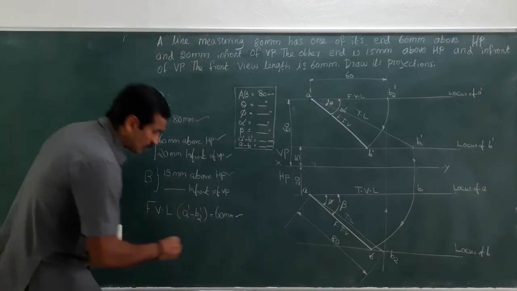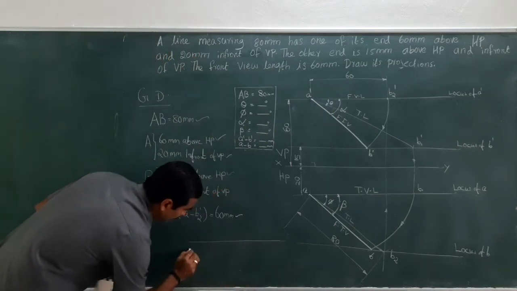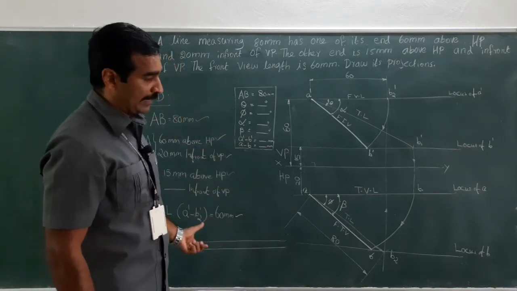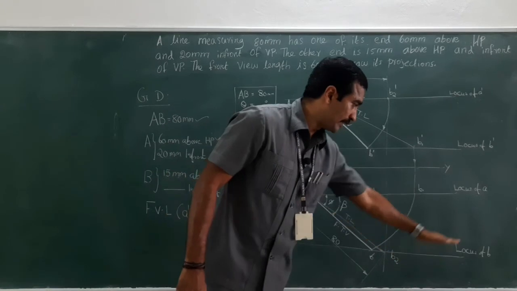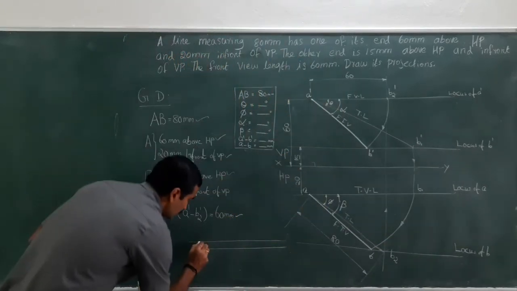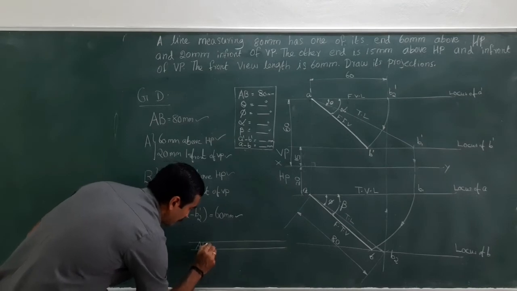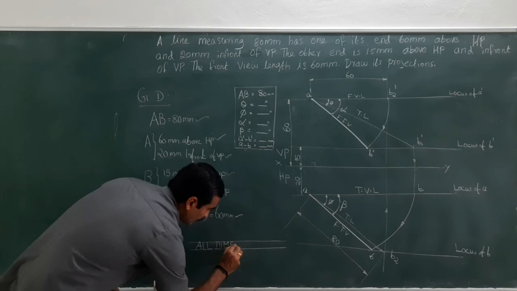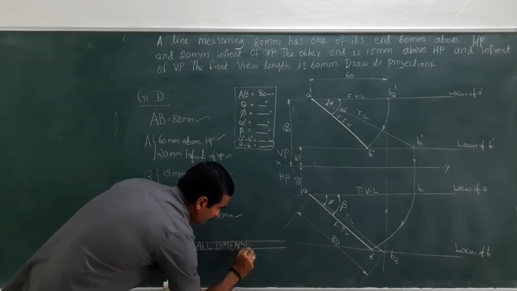Then what about the notes? Notes should be written in a guideline of 5 mm height, below, that is the right bottom of the drawing. So all dimensions are in mm. Whatever dimension you have considered should be uniform.